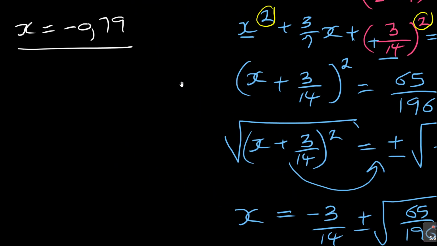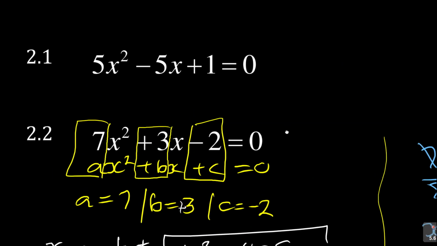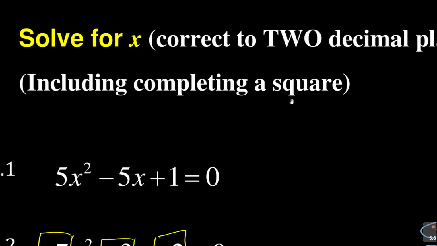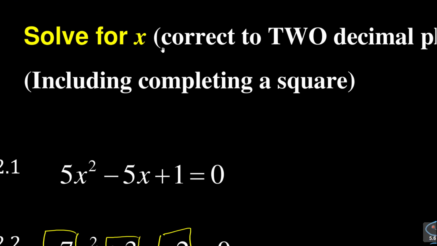Guys, that's what I do when I say complete the square or solve for x with the quadratic equation. So it's up to you which one you're going to choose. In an exam, if they don't specify, you can use either. If they specify and say complete the square, you don't have an option, you need to complete the square.